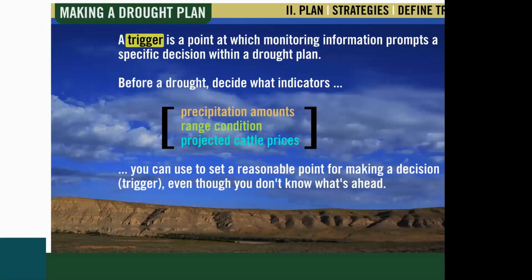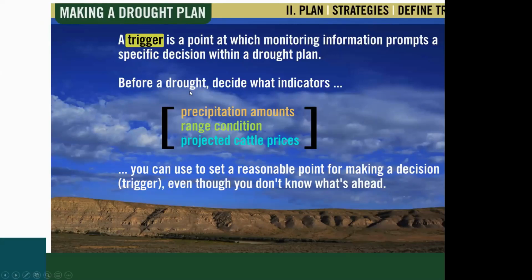So I'm going to dive in now into the if part, which is the trigger part. As I said, a trigger is a point at which monitoring information prompts a very specific decision within a drought plan. This can be a range of things, and you may have things that you use within your operation or things that you observe.